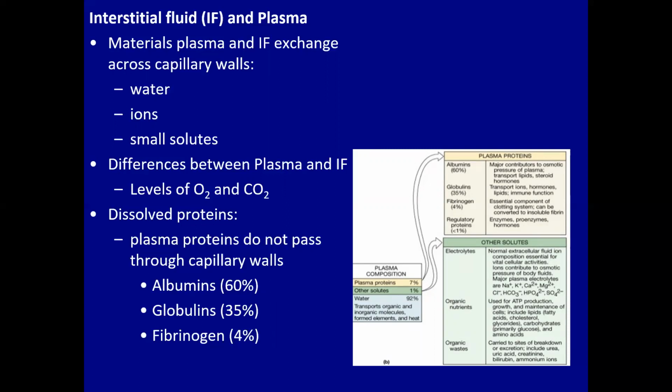If you've ever had a urinalysis and the clinician says, you have a lot of protein in your urine, that means you're out of homeostasis because you really should not have protein in your urine. All right, so the plasma proteins do not pass through the capillary walls: albumins, globulins, and fibrinogen.